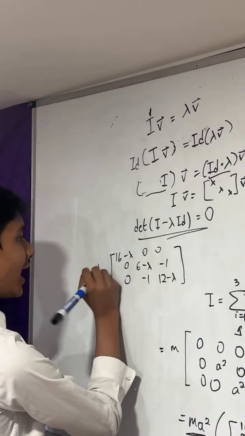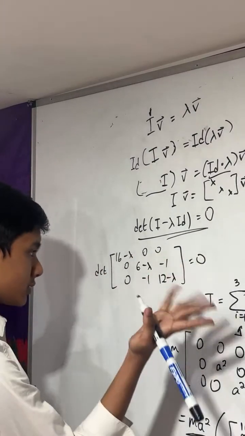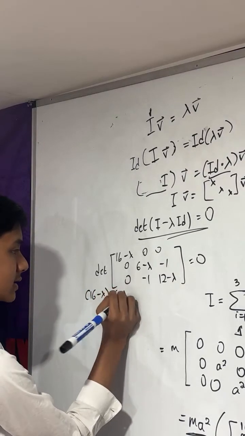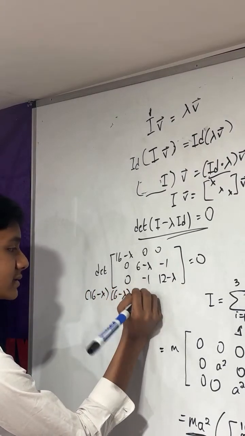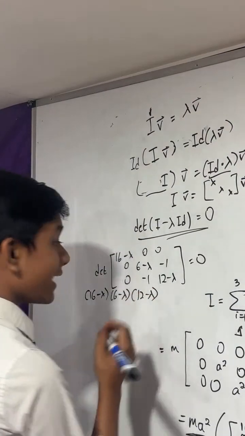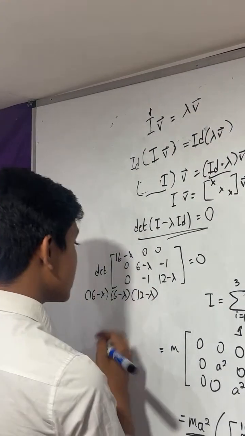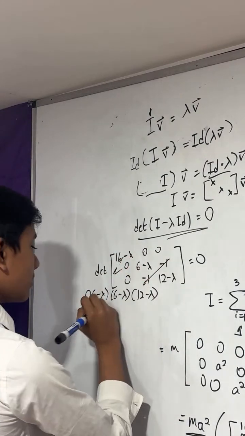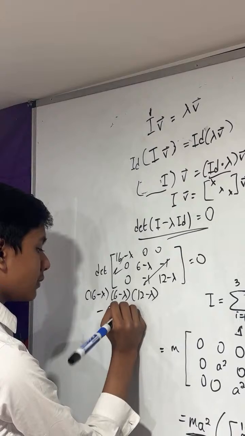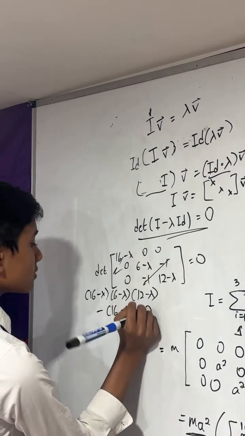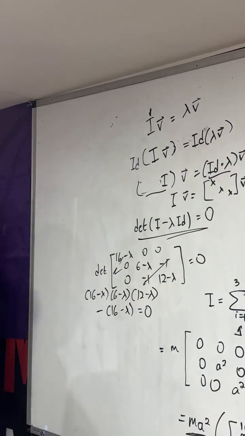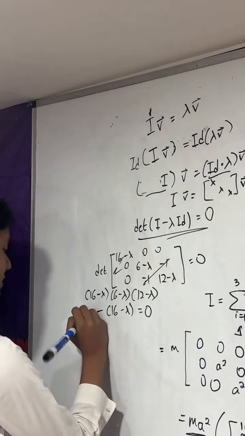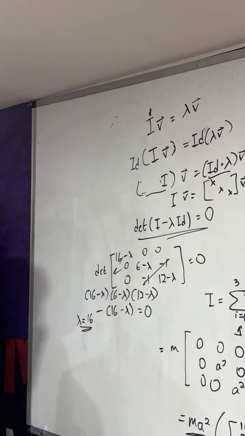The determinant of that is going to be 16 minus lambda times 6 minus lambda times 12 minus lambda, and hopefully you can tell everything else is 0 except going over this way, this term minus 16 minus lambda is non-zero. Now we can clearly see one of the eigenvalues is 16, pretty unique.